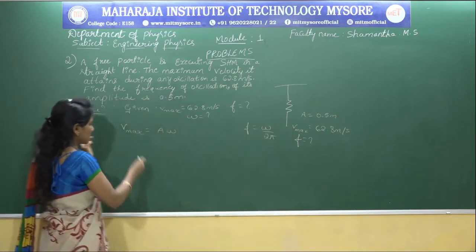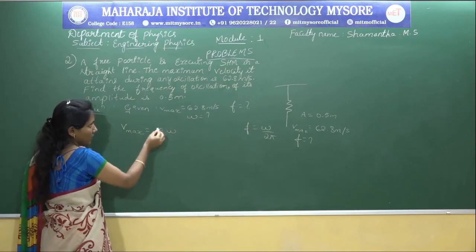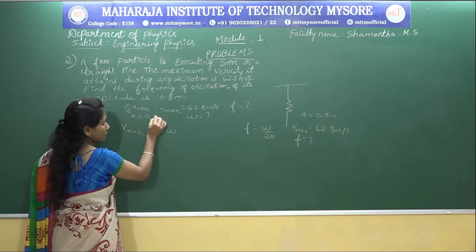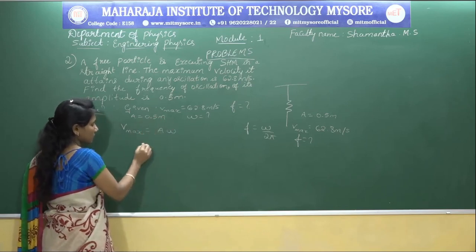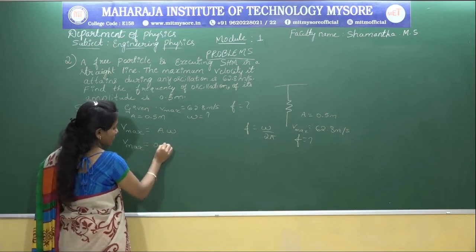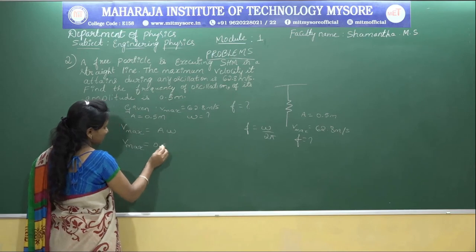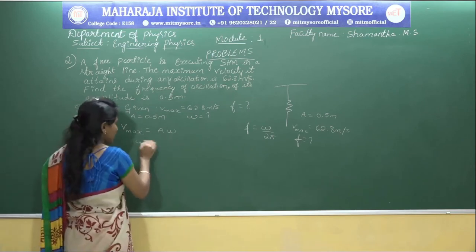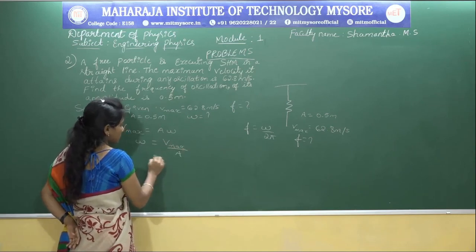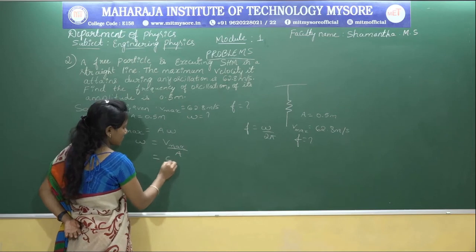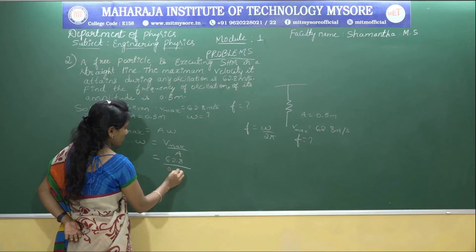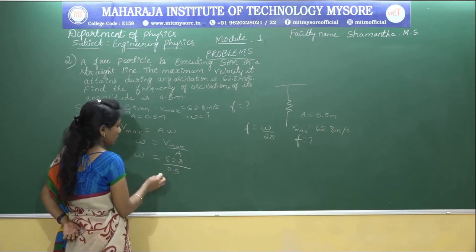So, V max is equal to 62.8. Then the amplitude we have, what is the amplitude? That is A is equal to 0.5 meter. Now substitute. V max is equal to A omega, so omega is equal to V max by A. Now substitute V max, 62.8, and the amplitude is 0.5, then what we will get?